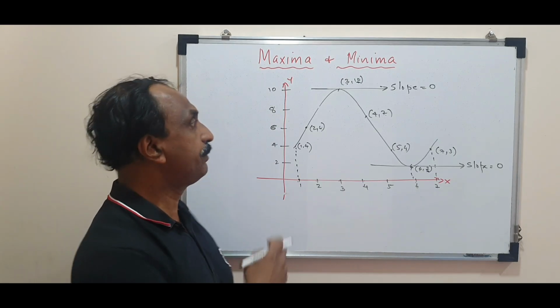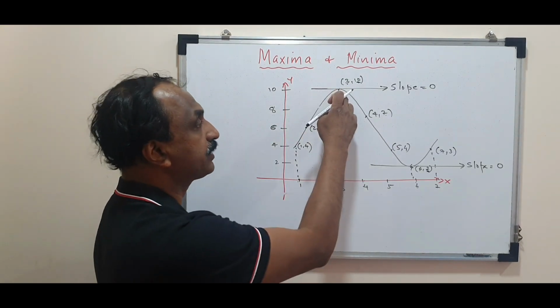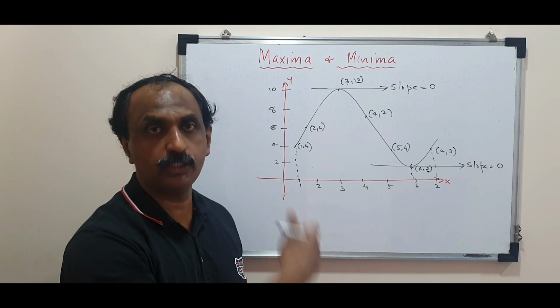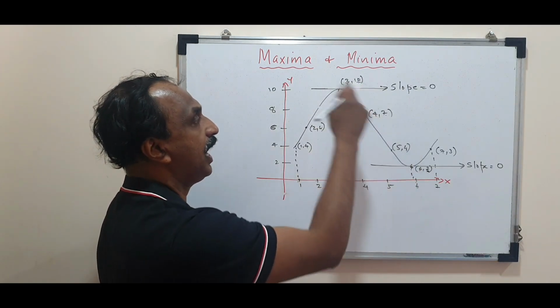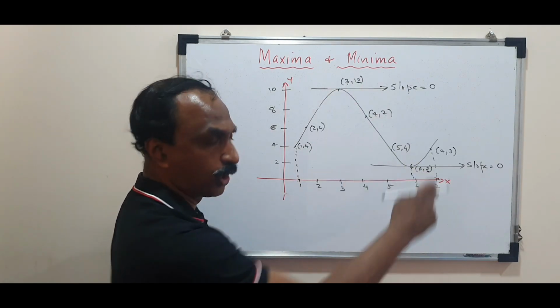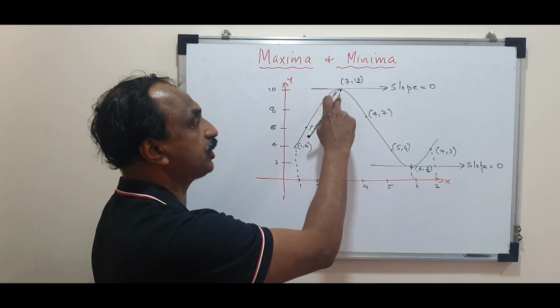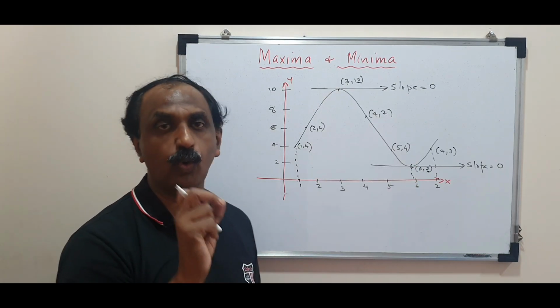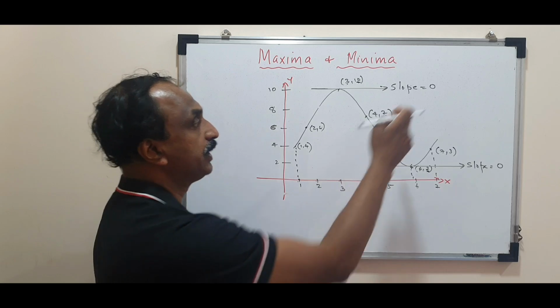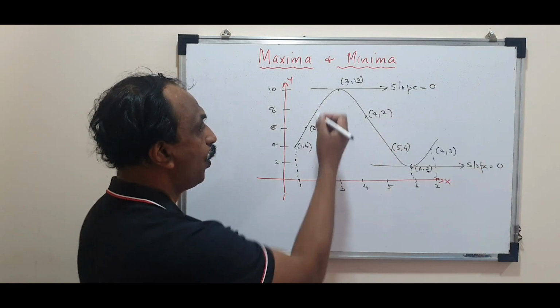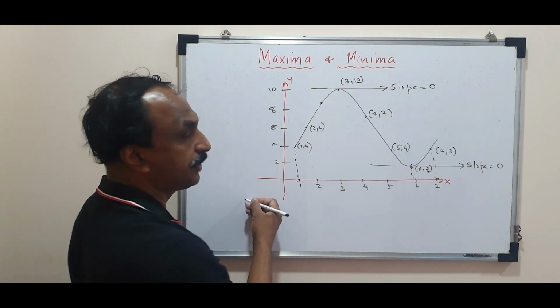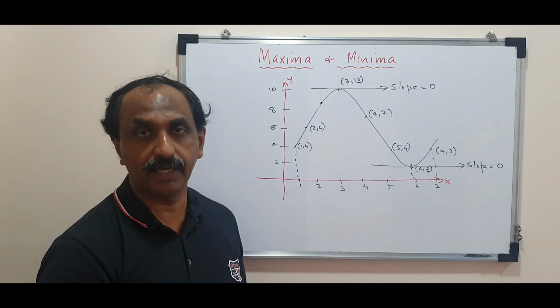So a maximum point basically means a peak point and this is the bottom of the valley. This is like a hill, and this is the top of the hill, and this is the bottom of the valley. That means the maximum point and minimum point are the only 2 points where the slope of the tangent will be 0. At all other points, the slope of the tangent may be either positive or negative.